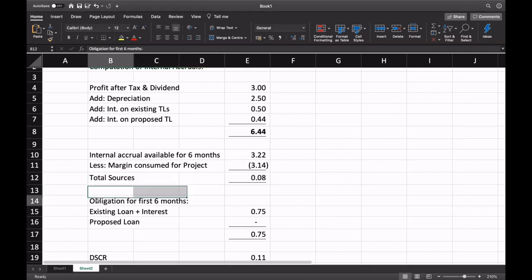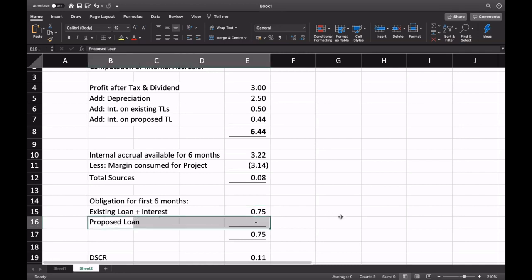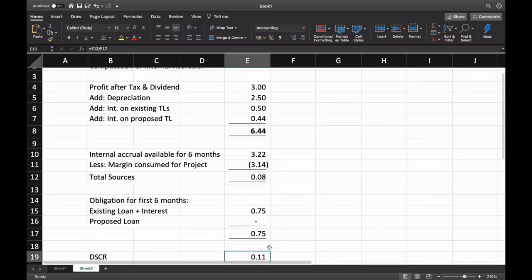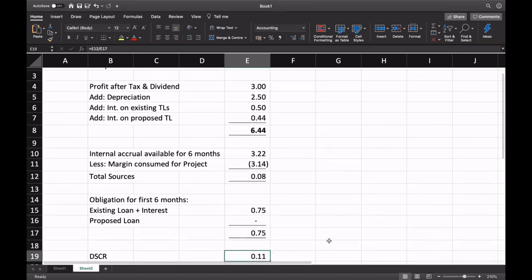But if you look at the obligation side, the existing loan plus interest is 1.5 crore, so for 6 months I've taken 0.75 crore. Of course, the proposed loan interest or principal does not arise in this first 6 months period. So it is 0.75 obligation and 0.08 resources, and if I calculate gross DSCR, it will be 0.11.